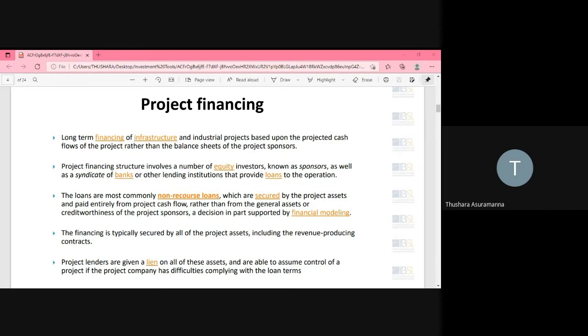So then what we try to do is, we may have to take over the project. We may have to take over the ownership. We may have to appoint some non-executive directors representing the bank to oversee the project operations and get this running, get this operating, and then pay off your debts accordingly, because it's important.